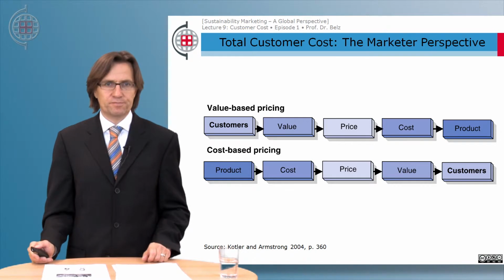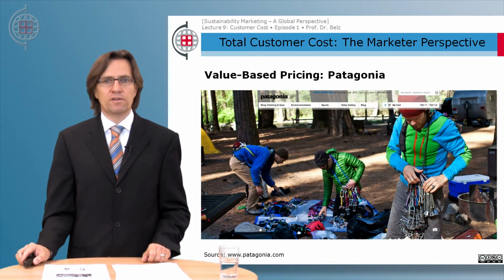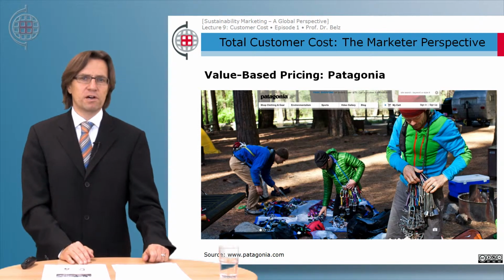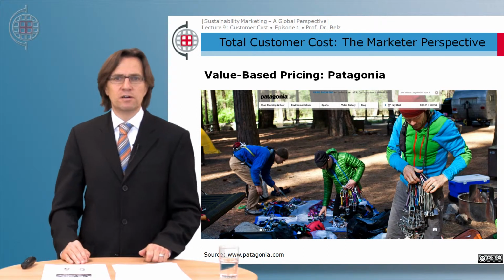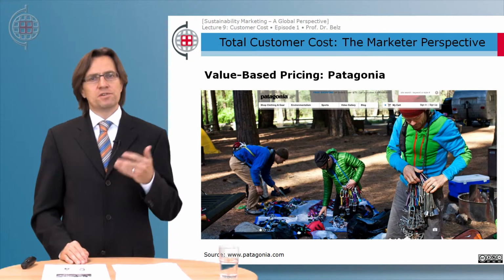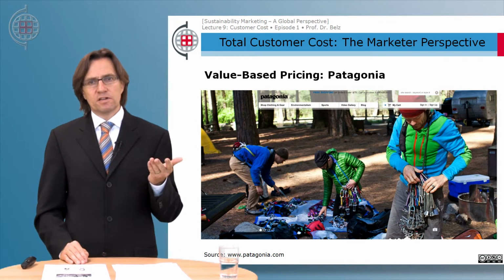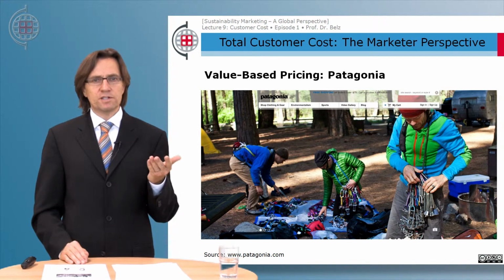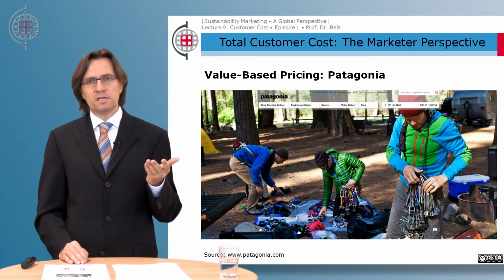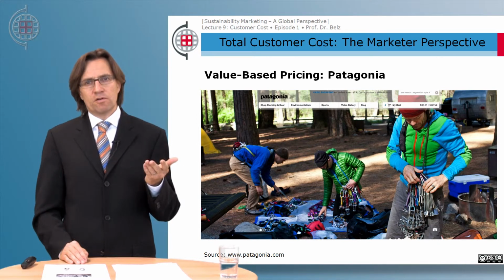Let's have a look in the case of sustainable textiles. A good example for value-based pricing is Patagonia. It's a premium brand, sustainable textiles, very durable, high quality, and from high recycled content.